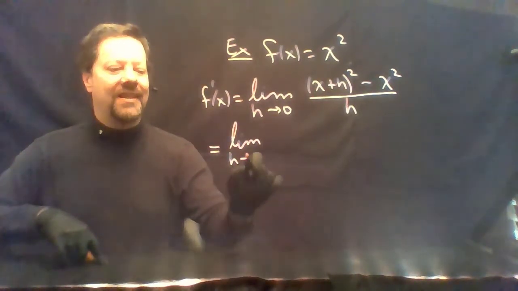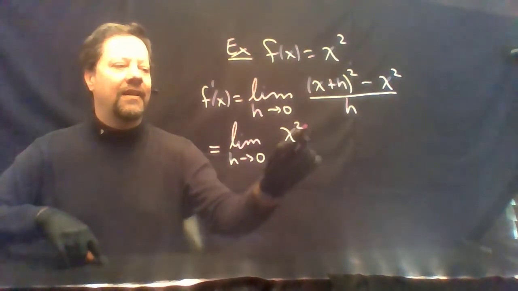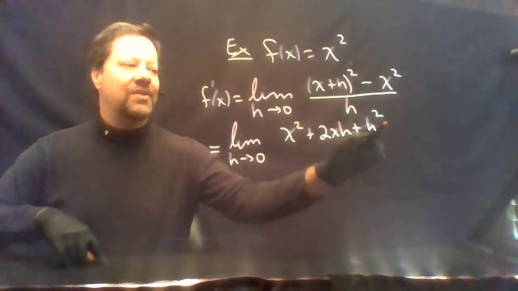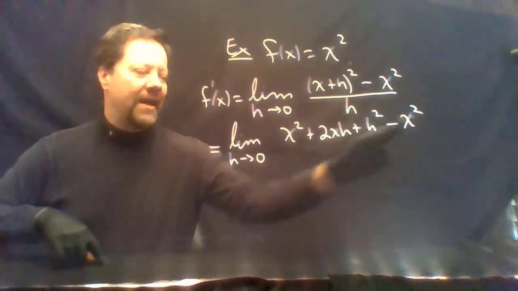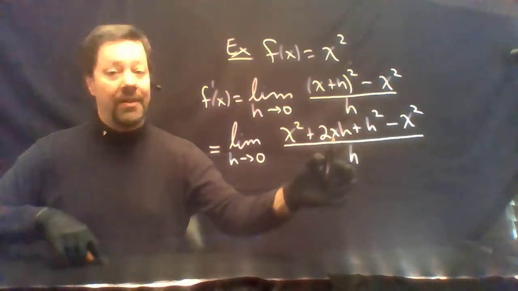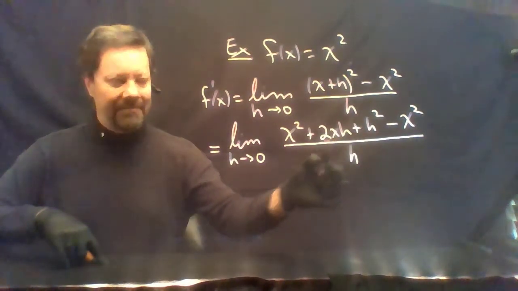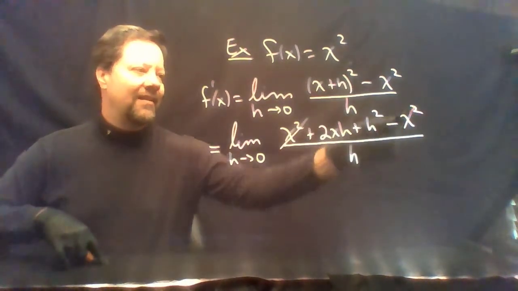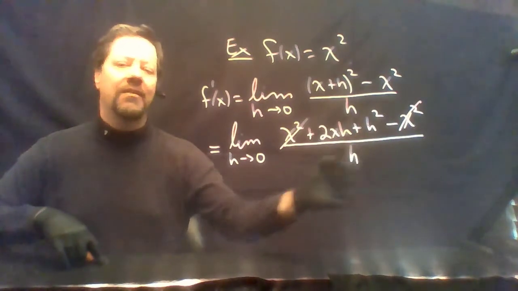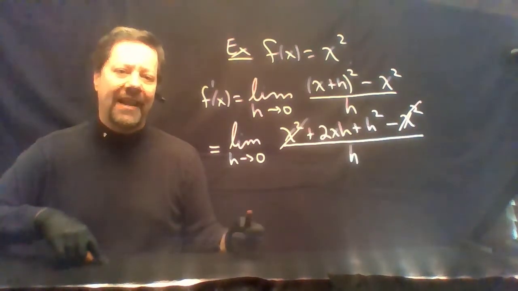That equals the limit as h goes to 0 of x squared plus 2xh plus h squared minus x squared all over h. Don't forget the middle term. The x squareds cancel out. We're left with two terms in the numerator, each of which has a common factor of h.